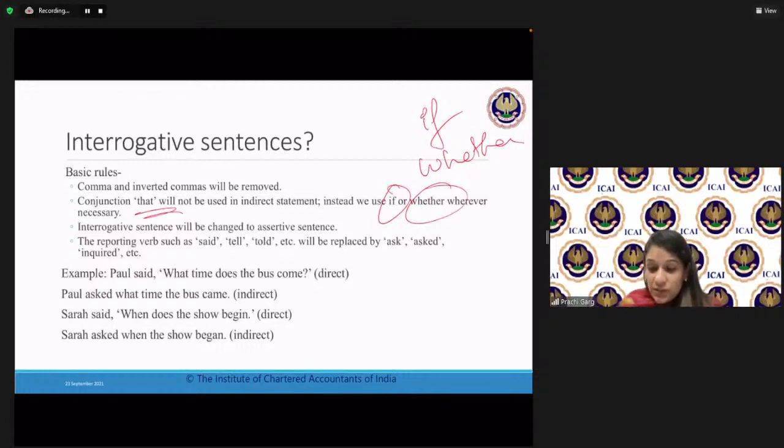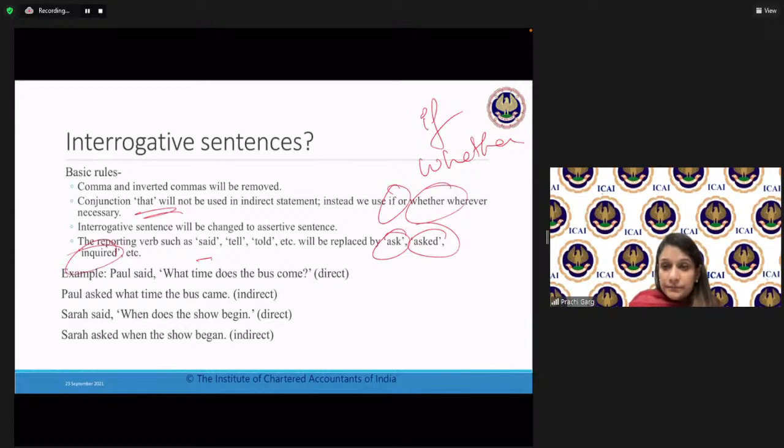Interrogative sentences will change to assertive sentences, which are declarative sentences. A reporting verb like said or tell will be replaced by asked, inquired, or demanded, because you are questioning somebody, so you will not say said, you will say asked.